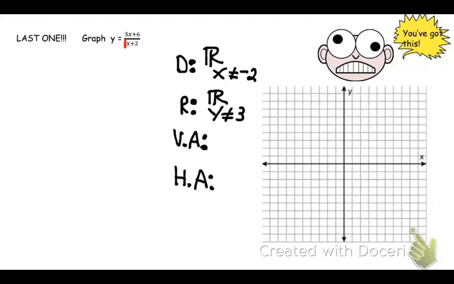And we'll discuss why that works in class. Then we're going to move on to our vertical asymptote, which has to be x is equal to -2, and I got that from my domain. And our horizontal asymptote will be y equals 3. So now we're going to make our table of values and graph.